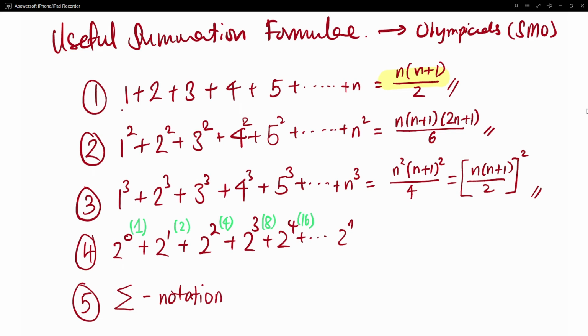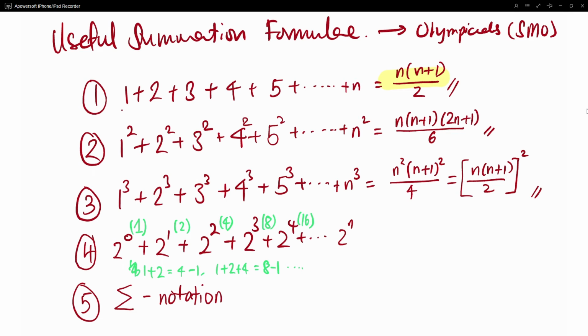This special trick only works for powers of 2, but you'll notice that, for example, 1 plus 2 is simply 4 minus 1. 1 plus 2 plus 4 is 7, which is 8 minus 1, and so on.